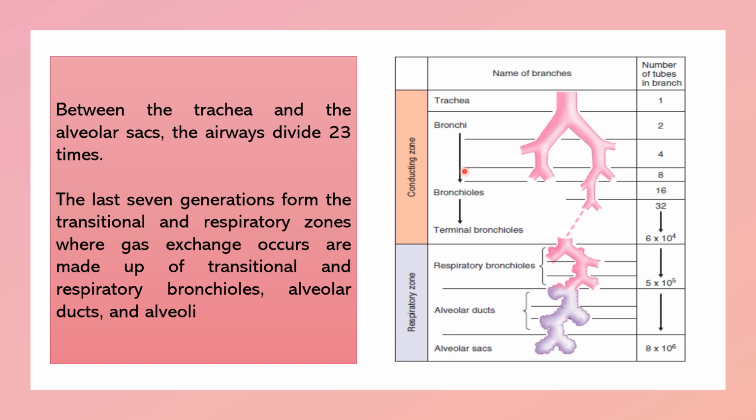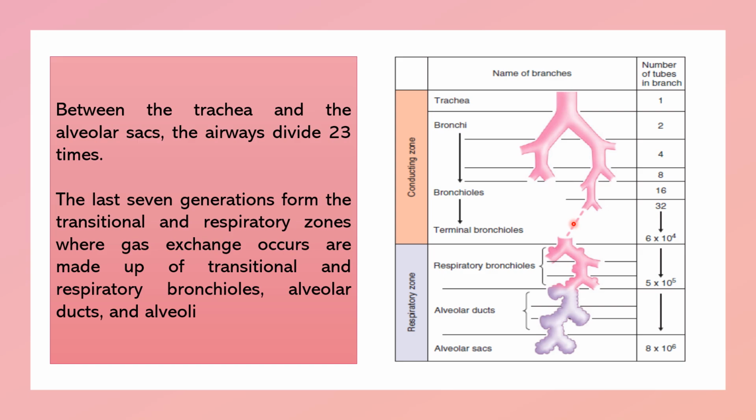This conducting airway is made up of a variety of specialized cells that provide more than simply a conduit of air to reach the lungs. But actually this conducting zone does not take part in the gaseous exchange.